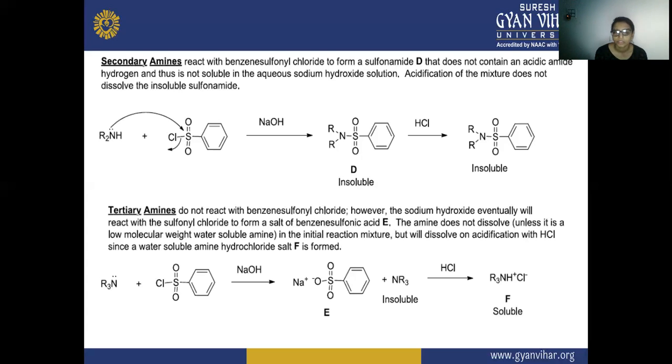So in case of the tertiary amine, you can see this tertiary amine is not reacting with this benzene sulfonyl chloride, and the benzene sulfonyl chloride is reacting with this NaOH, and the Cl is removed from here, and this NaO will react with this S, and this H and Cl will react with each other, and there is a removal of HCl from here.